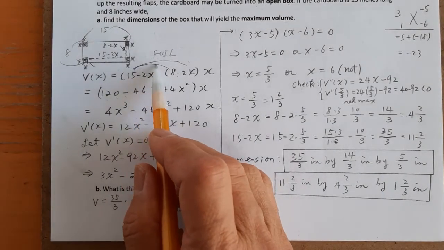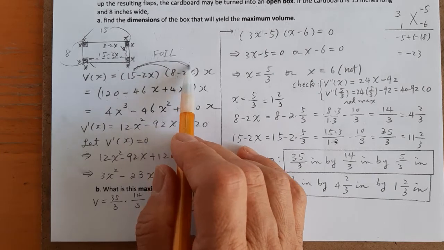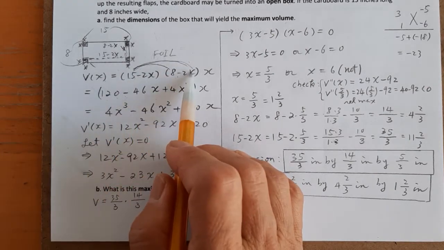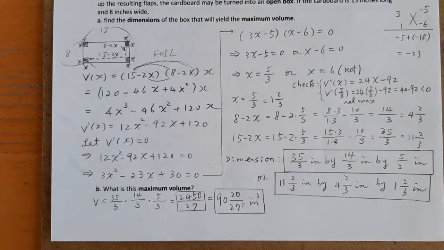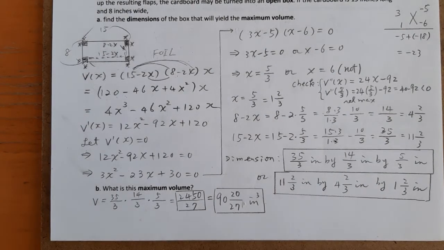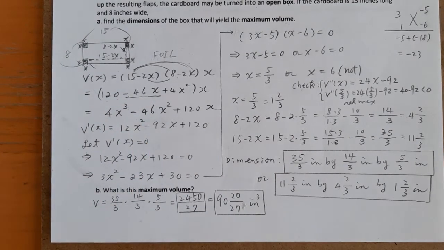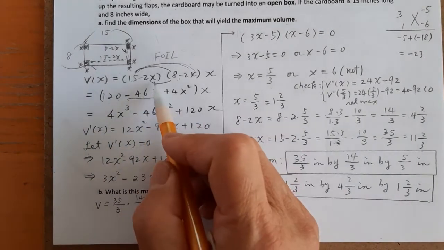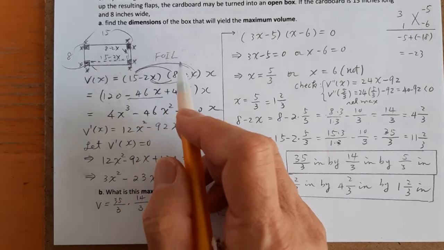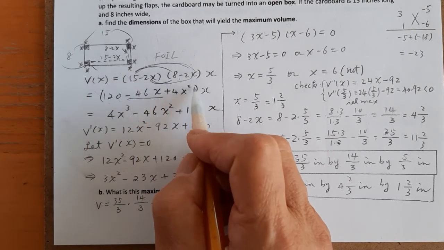So first term product, 15 times 8 is 120. Outer term product is negative 30. Inner term product, 2x times 8, negative 16x. Combined is negative 46x. Plus last term product, negative times negative becomes plus. 2x times 2x is 4x squared.